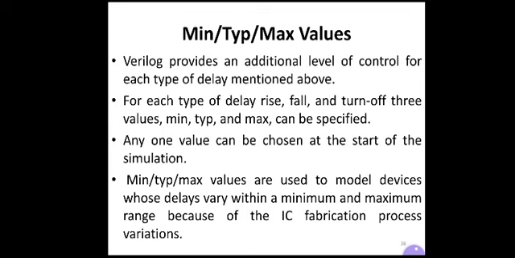Like that, for fall delay we have minimum fall delay, typical fall delay and maximum fall delay. Similarly, for turn off delays: minimum turn off delay, typical turn off delay and maximum turn off delay. So for each type of delay, rise, fall and turn off, three values, minimum, typical and maximum, can be specified.